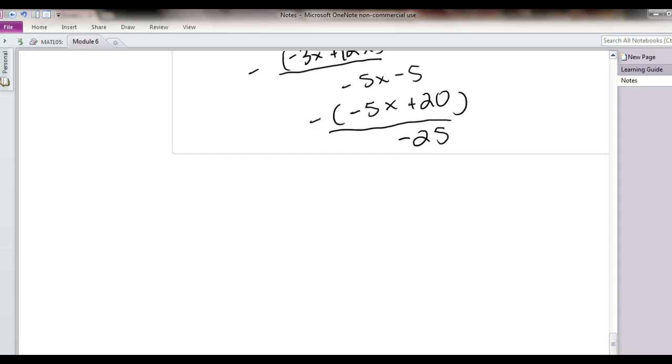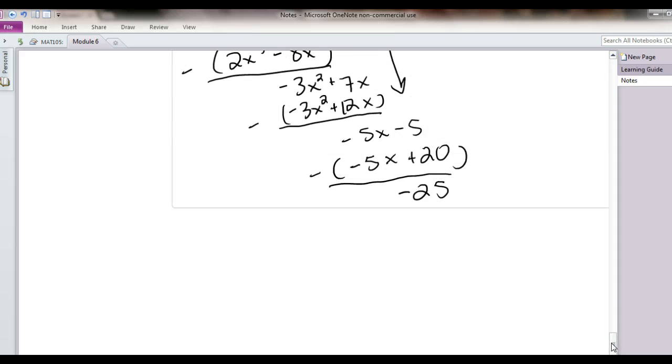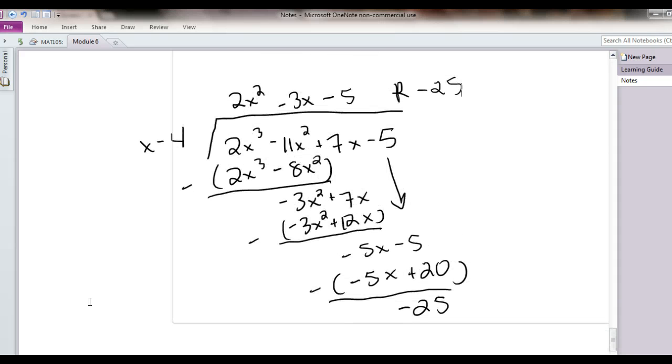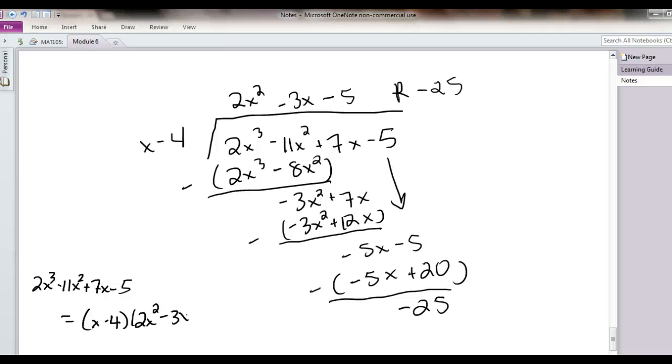So what does that mean? Well, it means that we can write the big thing, 2x cubed minus 11x squared plus 7x minus 5, is really equal to x minus 4 times the 2x squared minus 3x minus 5, plus the remainder of negative 25.